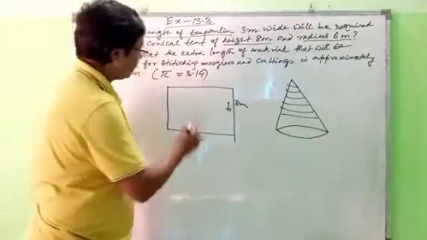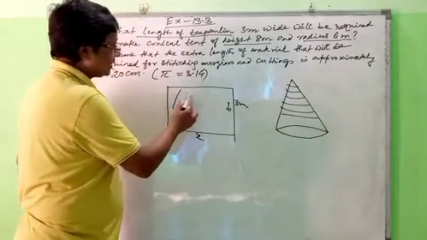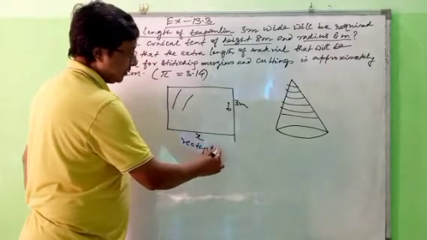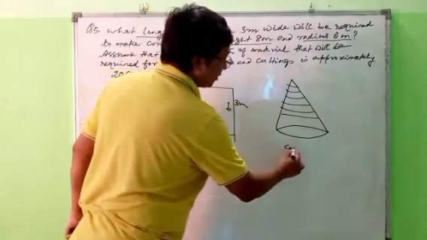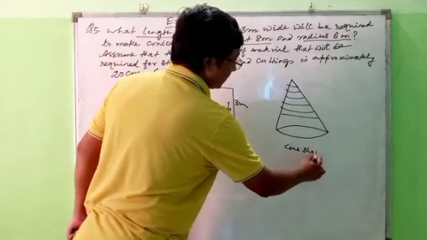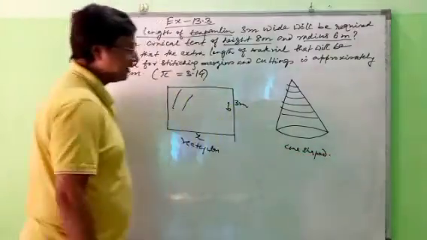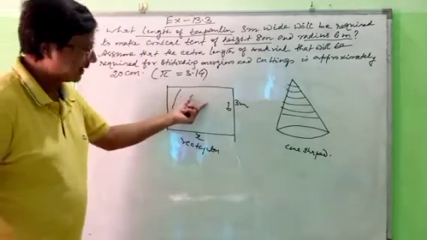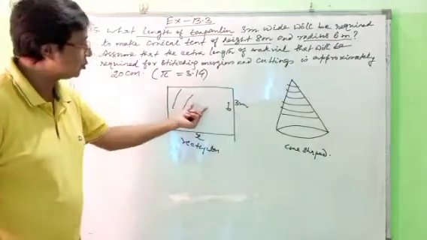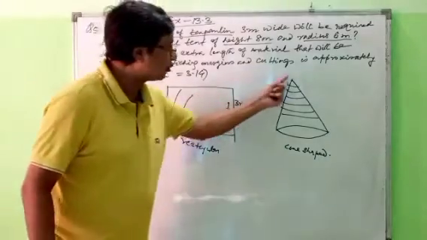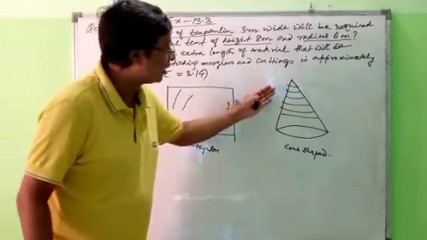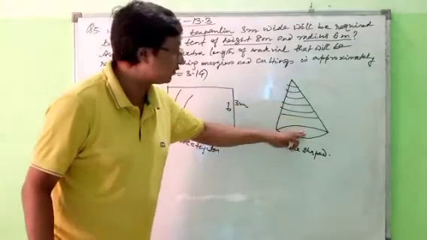So if you take the area, this is a rectangular shape, and this is cone shaped. The rectangular part of the tarpaulin will be used to make this conical tent. They are going to use this tarpaulin cloth on the curved surface part, not on the base.